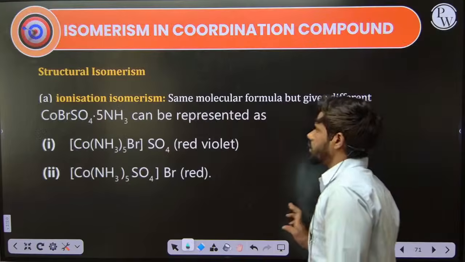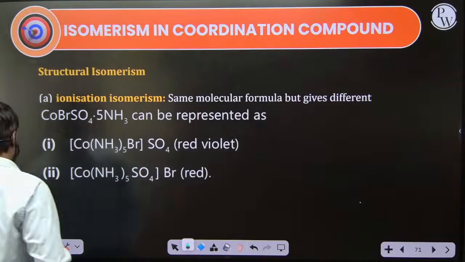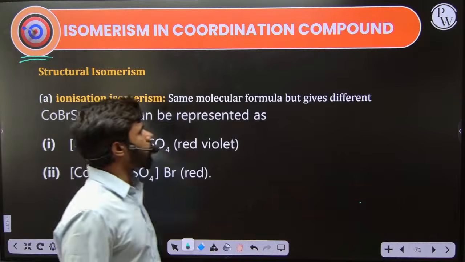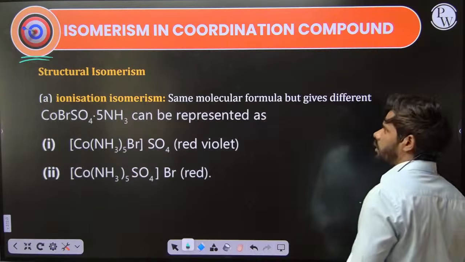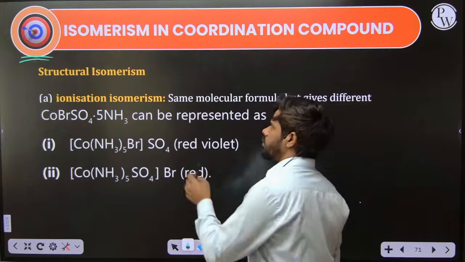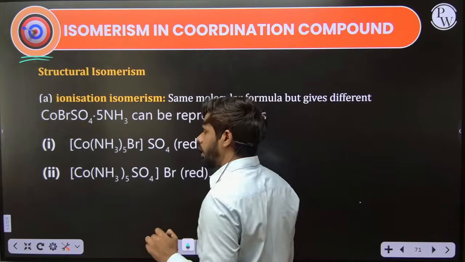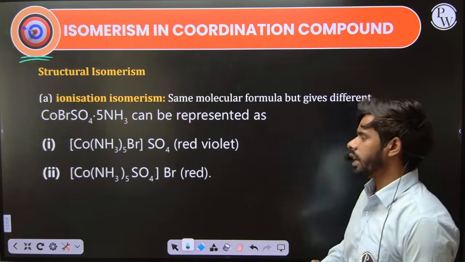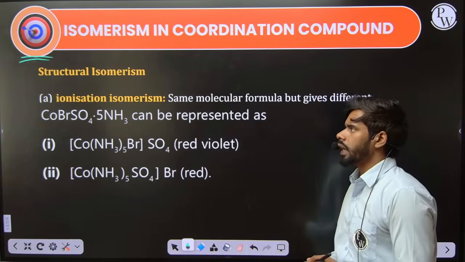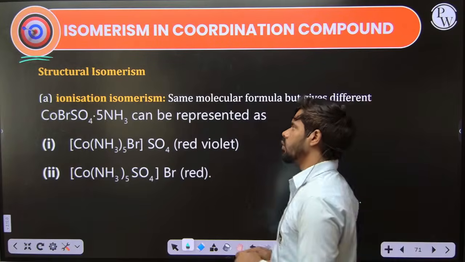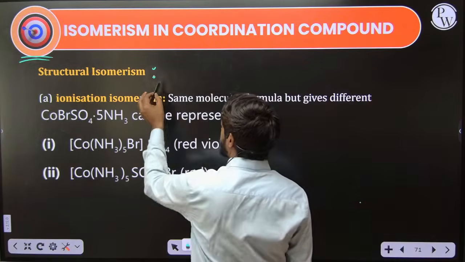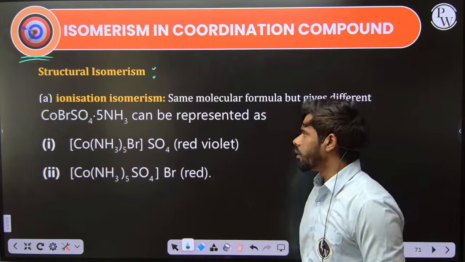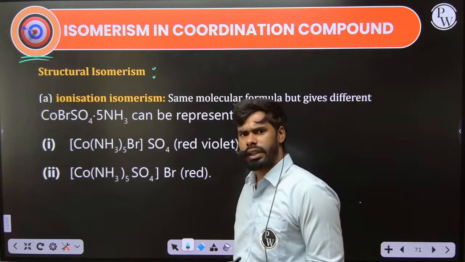Next we can see bonding in coordination compounds, but let's see first the isomerism. Isomerism can be divided into two parts, structural isomerism and stereoisomerism. What is structural isomerism? Structural isomers have a different connectivity of bonds, and the bond can be a primary valency or secondary valency.